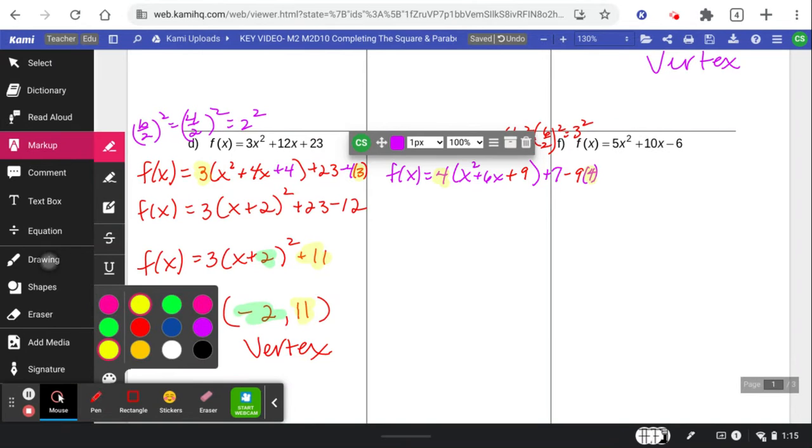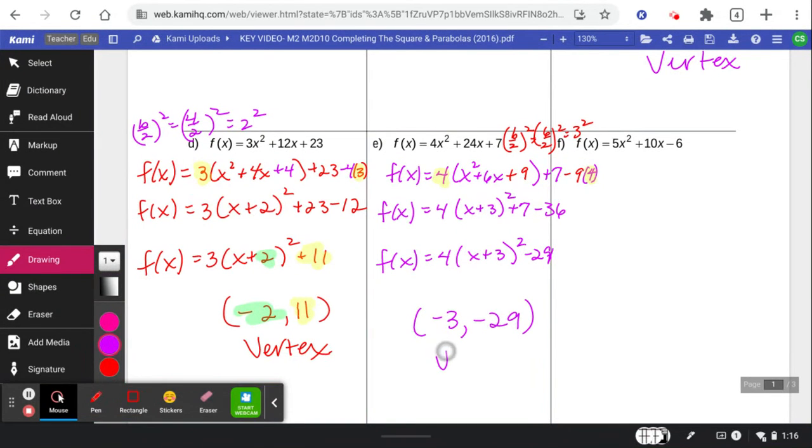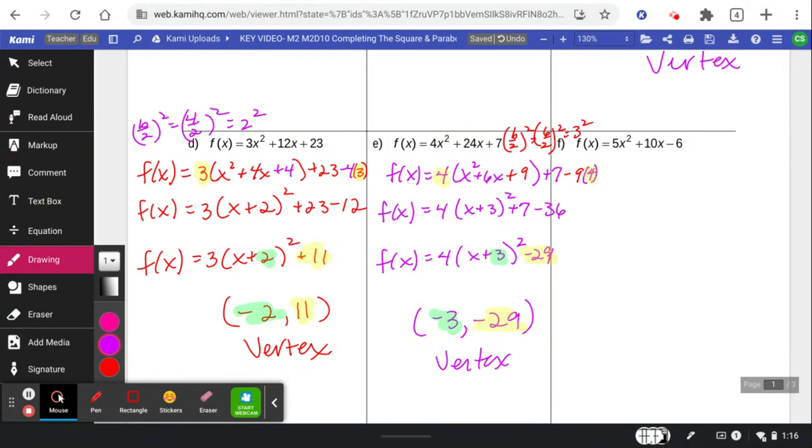Right there and right there. So 4, quantity x plus 3 squared factors, plus 7 minus 36 simplifies down to negative 29. How'd you do? This comes from right here, and this comes from right there.